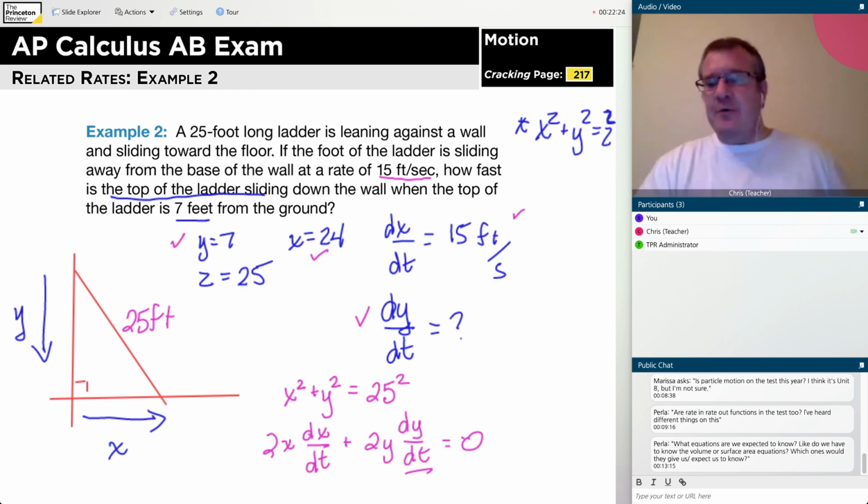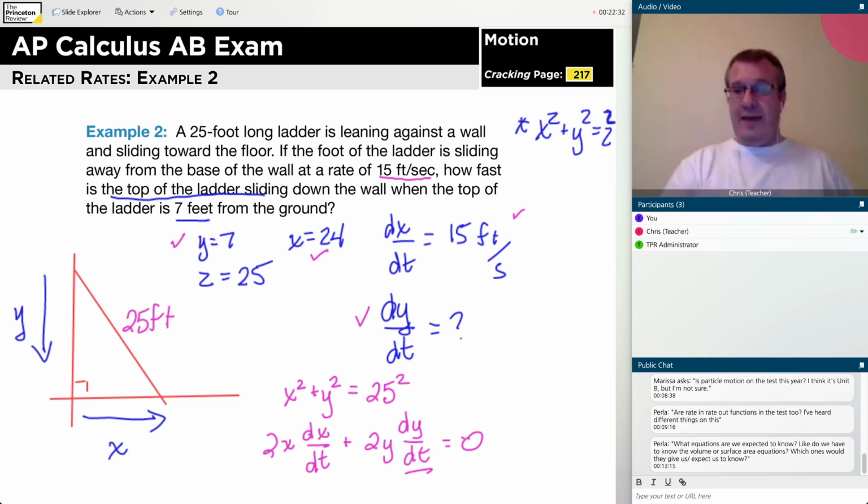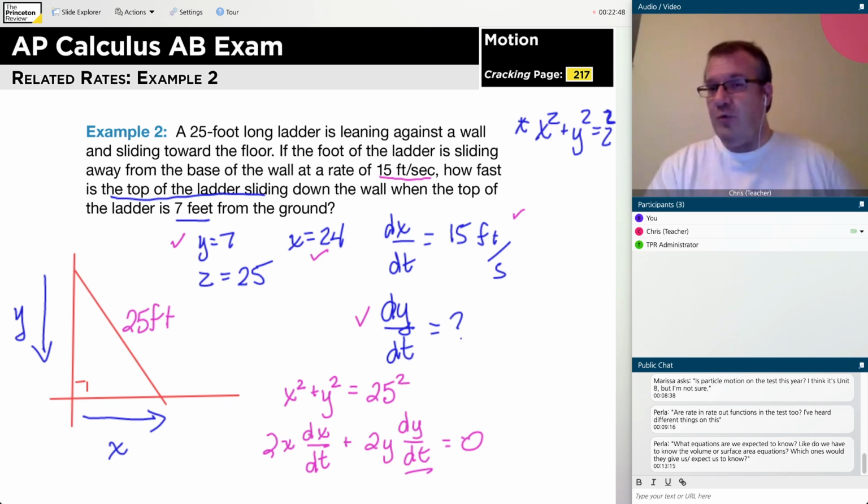And so that's just kind of the issue that we have to deal with when we plug in the instantaneous values that we already know. You know, like I'm going to know the x and the dx/dt. If I subtract it on the other side, it'll become negative. And then I'm going to divide by 2. I'm totally going to be getting a unit, again, of feet per second. This one now is going to be negative. It totally makes sense because the top of the ladder is sliding down.